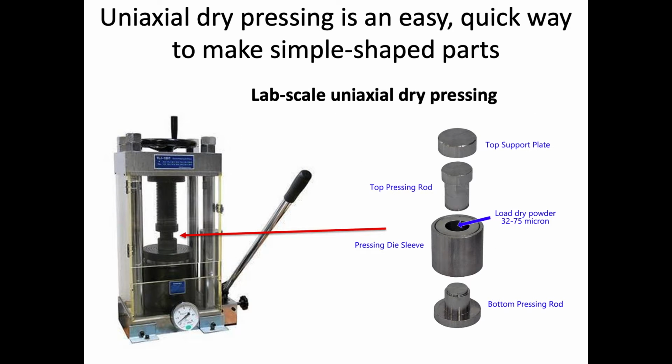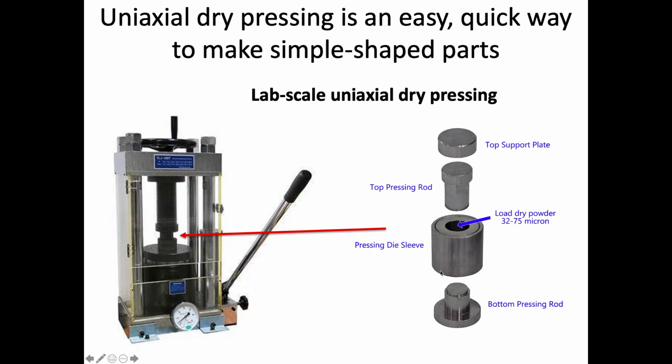On the lab side, this is probably the most common way that people make ceramics for lab experiments, because it's quite simple, and you can do it with very simple techniques and equipment. So we have a hydraulic press, and we have our die assembly here, which should look familiar to what you've seen in the lab.